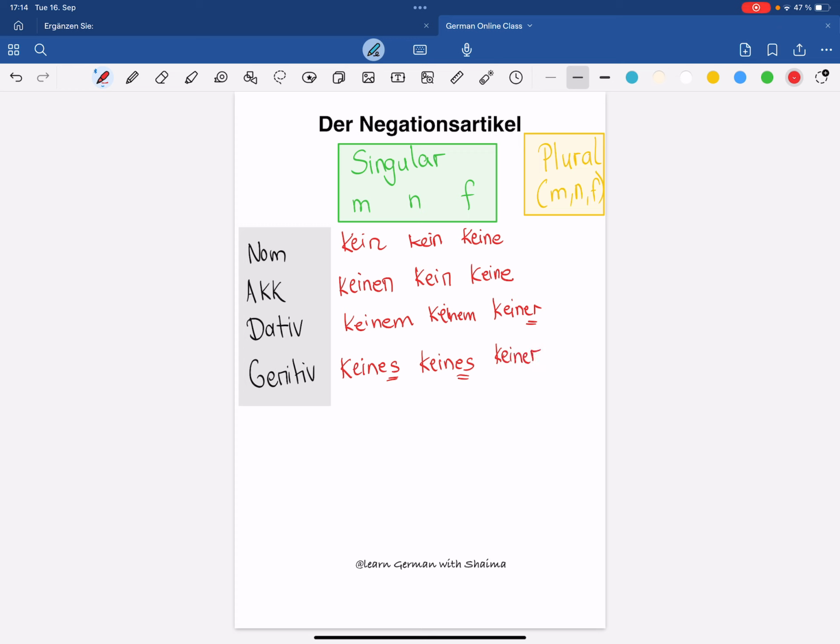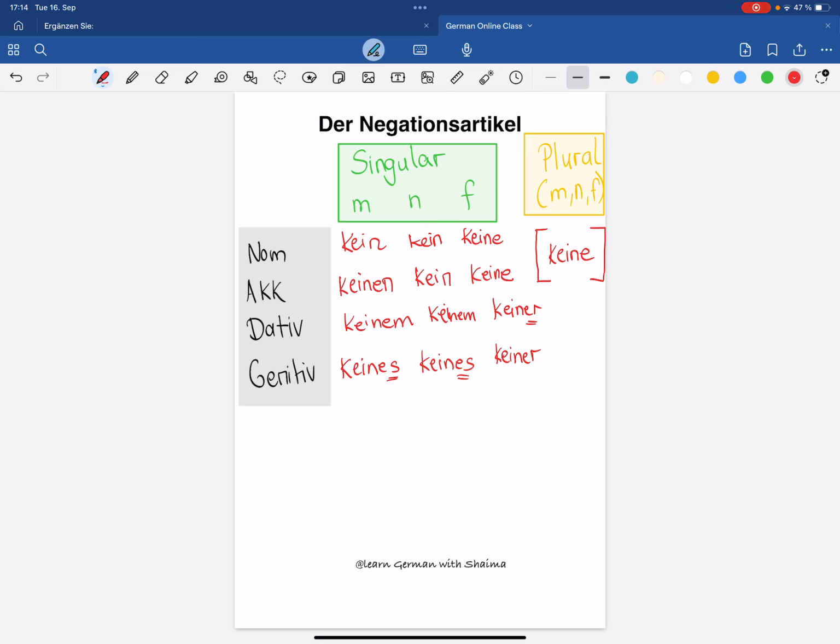So for the plural, we have for all three, masculine, neutrum as well as feminine, in Nominativ and Accusativ, keine. Ich habe keine Kinder. I do not have any children.